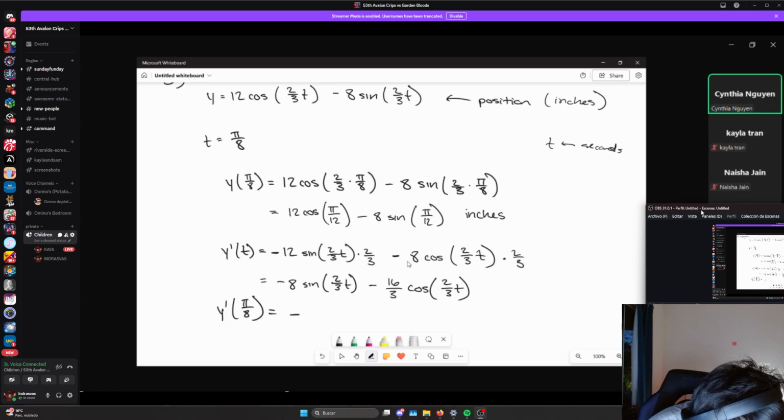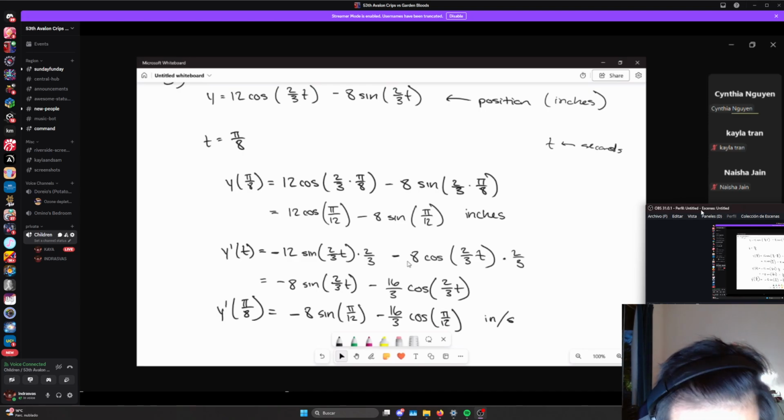So you will get 8 sine of 2/3 times pi over 8, that's still pi over 12, minus 16 over 3 cosine of pi over 12. Velocity is distance over time, so not centimeters, inches over seconds. And that's it. That's the practice midterm.